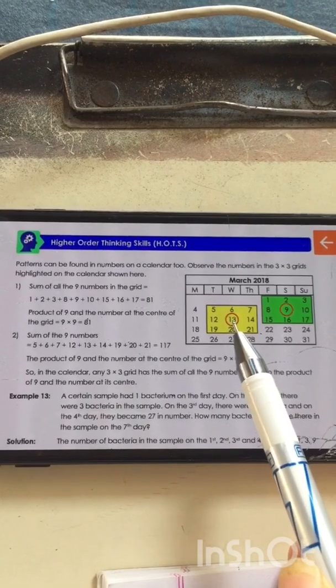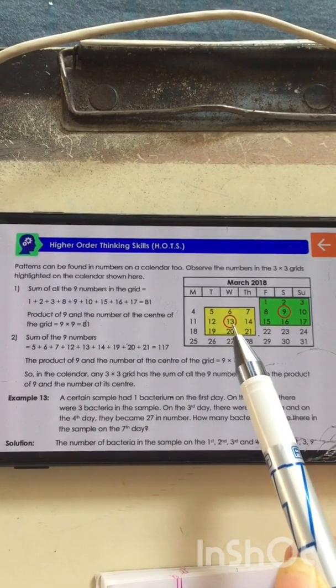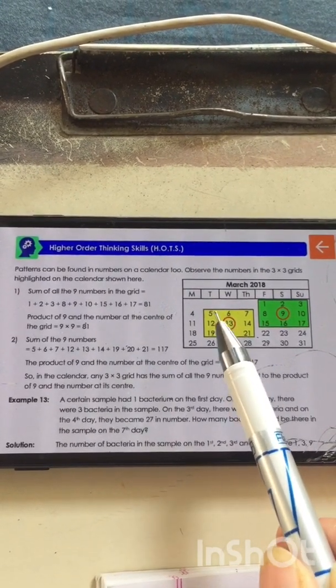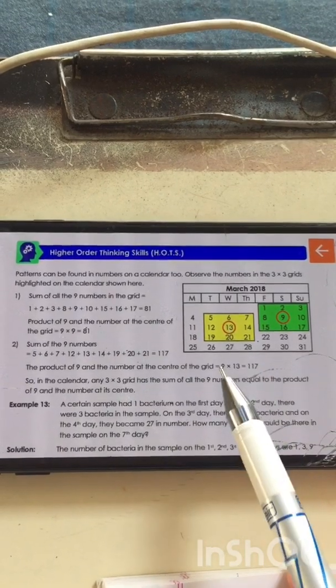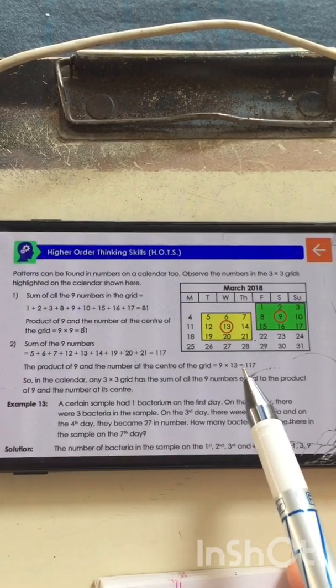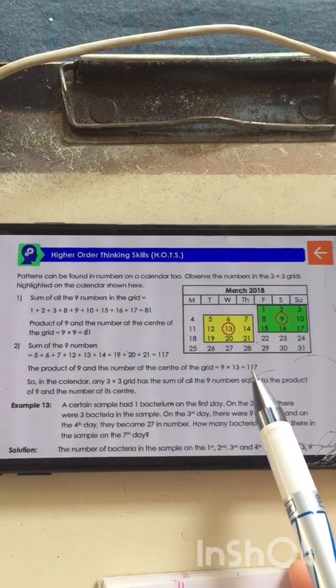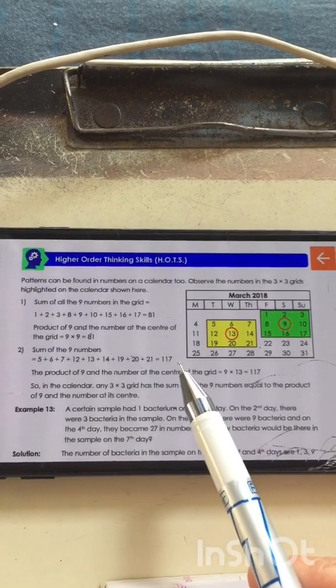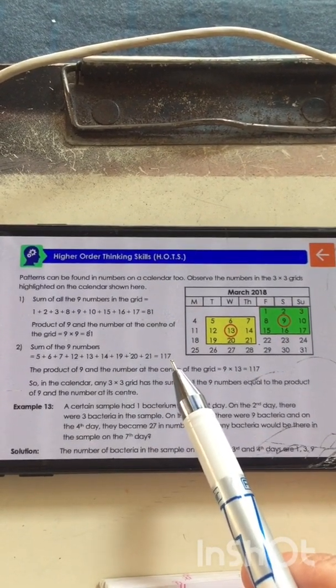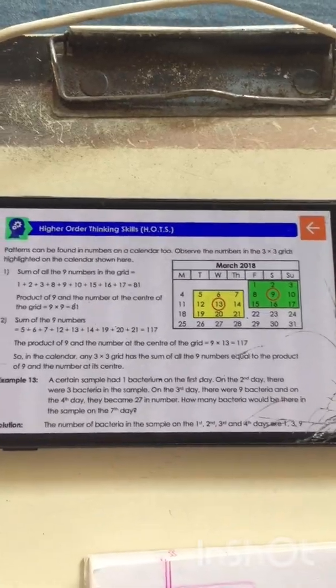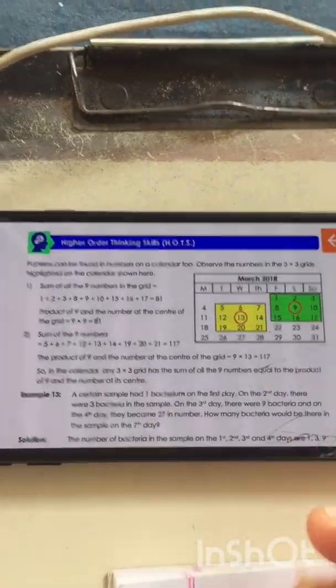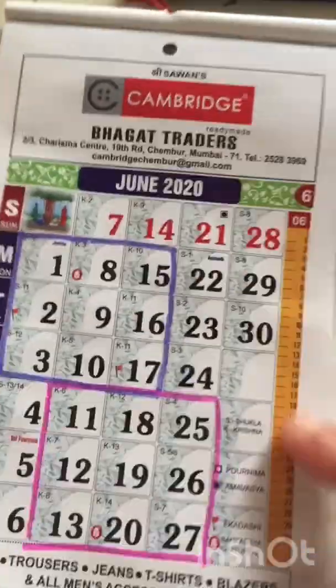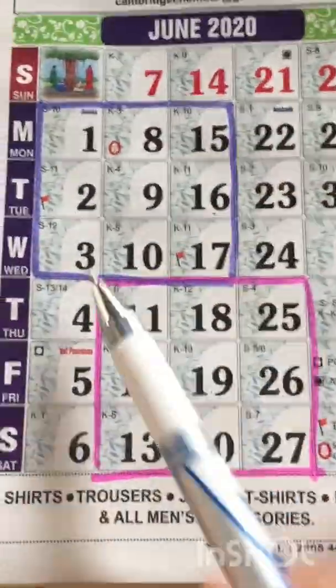They have to multiply this 13 by 9, and whatever the product obtained, that is 117, will be equal to the sum of these 9 numbers.